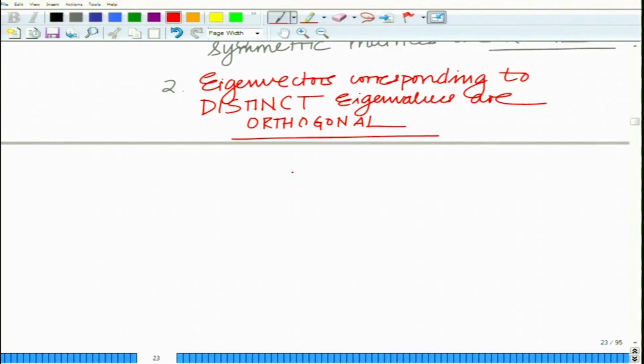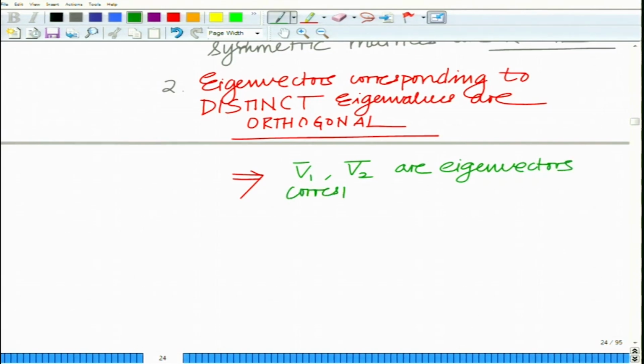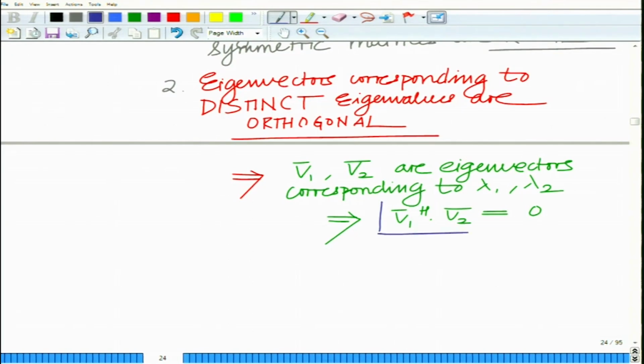This implies that if V1 bar, V2 bar are the eigenvectors corresponding to distinct eigenvalues lambda 1, lambda 2, then for a symmetric matrix V1 bar Hermitian V2 bar equals 0. This is the meaning of vectors being orthogonal.